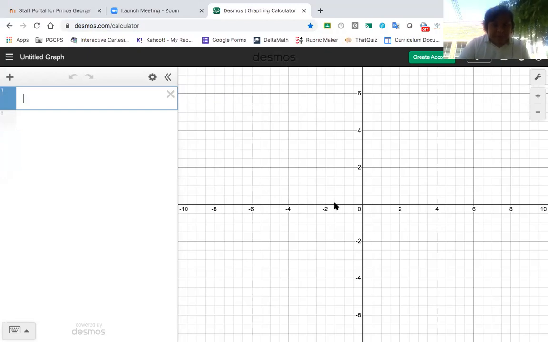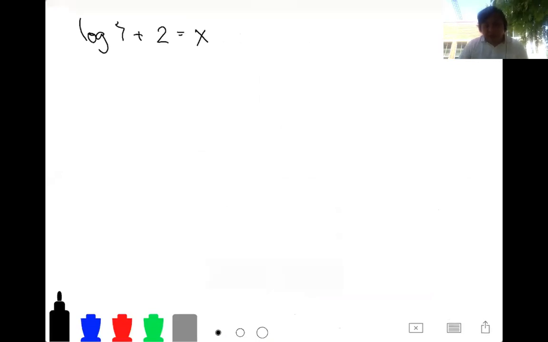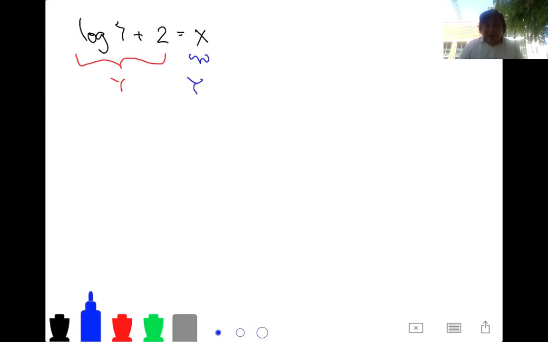We have logarithm of 7 plus 2 is equal to x. So what we're going to do is we're going to let the left side be equal to y, and then the right side also equal to y. We're going to graph and then see where the intersection is. That way, we can definitely determine what the correct answer is.